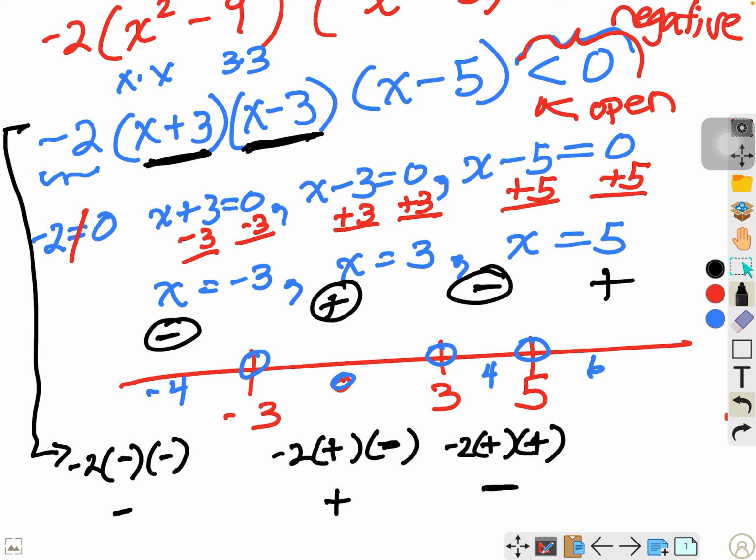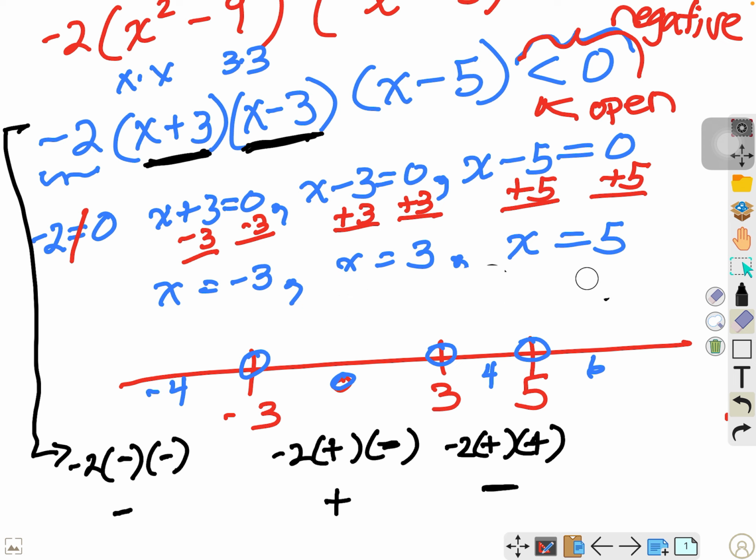I'm so used to 3 factors, so let's slow down. We want to make sure this does not happen to us on the test. What about this factor? Okay, so all we have to do is adjust. Let's go back and plug in negative 4. Negative 4 minus 5 is negative 9. So we're going to get a negative here.